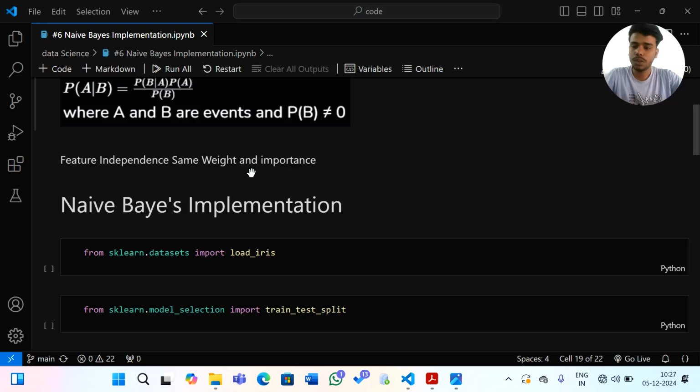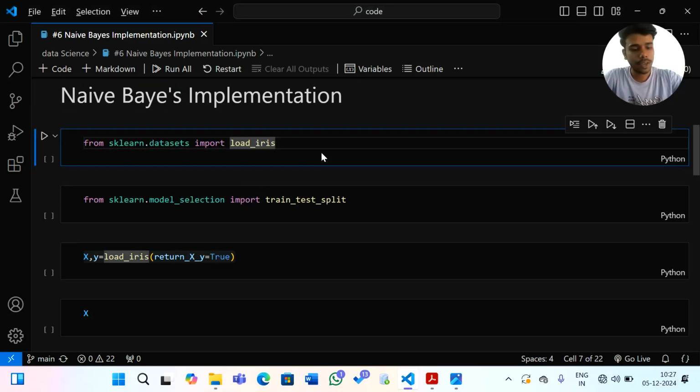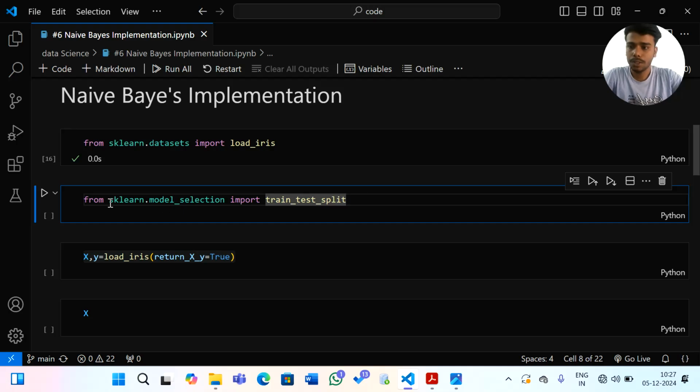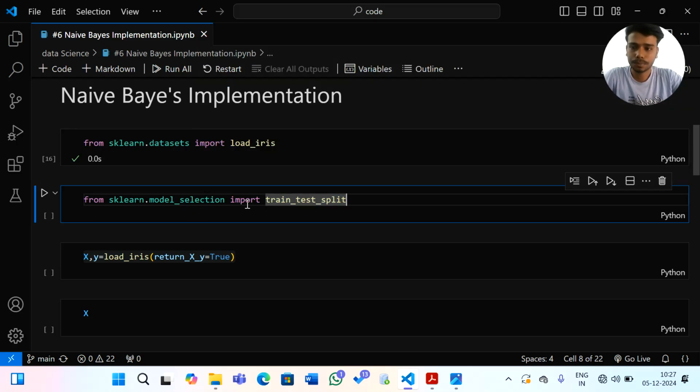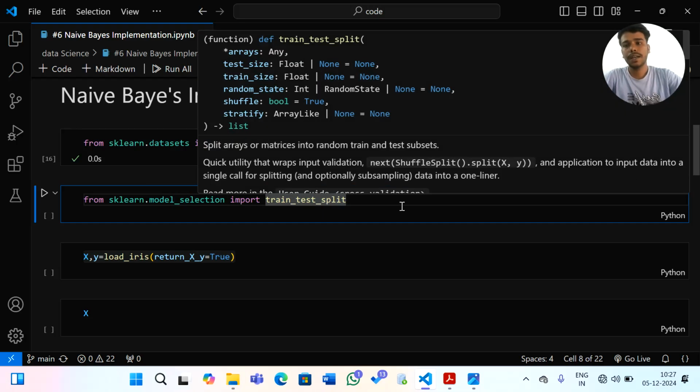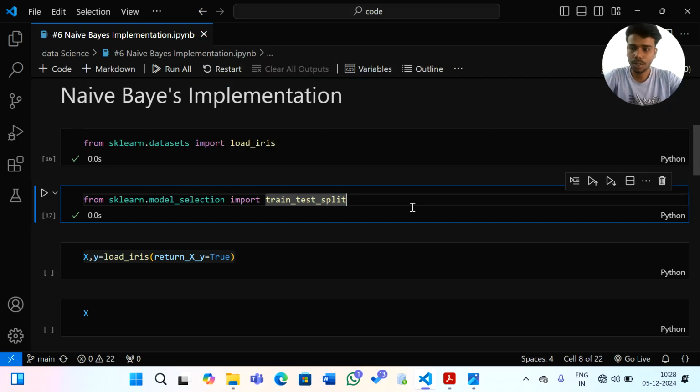So now let's move to the implementation part. Here we are using the iris dataset. I am splitting the dataset into training data and test data, using sklearn.model_selection and importing the train_test_split function from it. Let's run it.